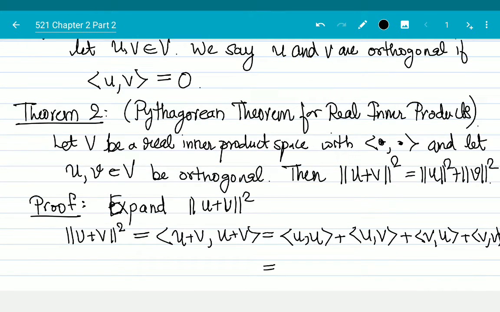And because these are orthogonal, these two are 0. So I get UU, which is just norm of U squared, plus VV, which is just norm of V squared. And that's the simple proof.